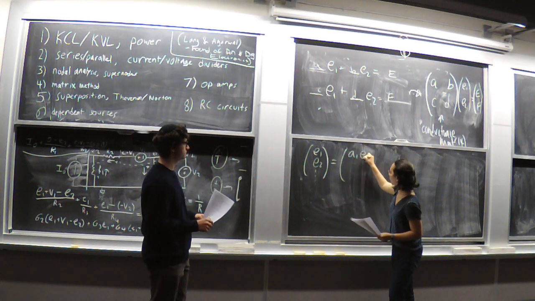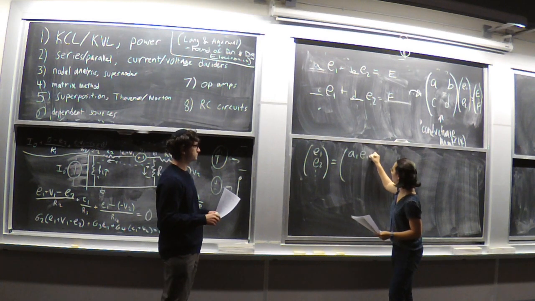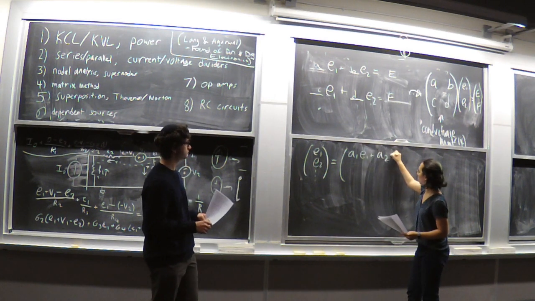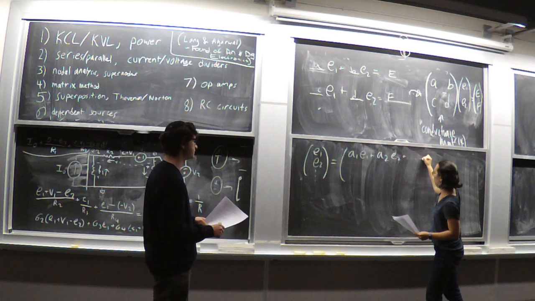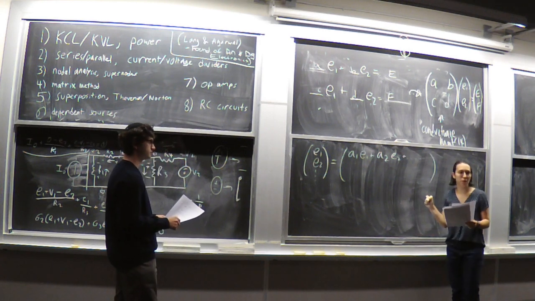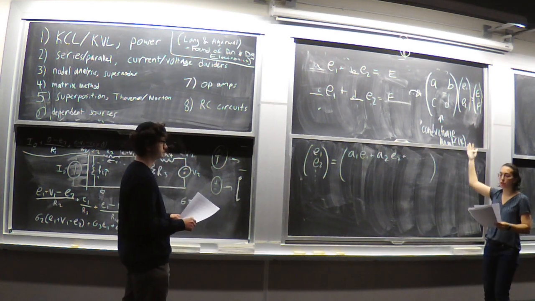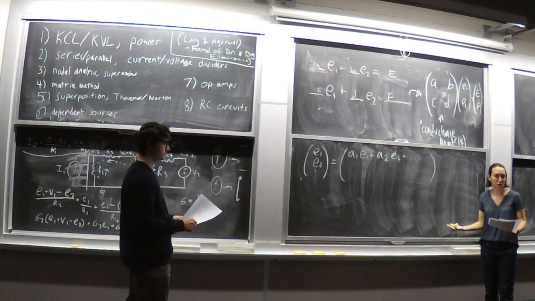So it would look like A1 times I1 plus A2 times I2. Does that kind of make sense? So when you solve a linear equation, you get a linear solution.